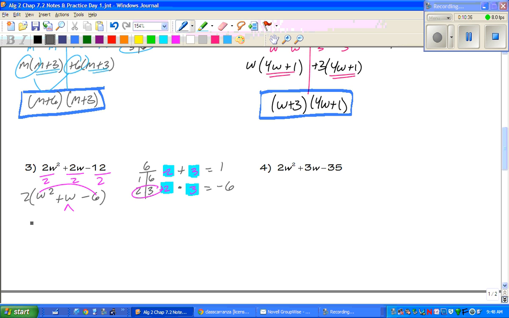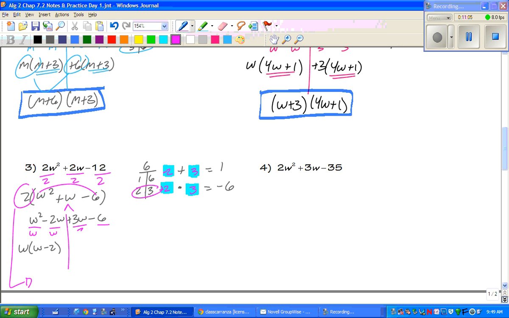So when we split the middle term, we get w squared minus 2w plus 3w minus 6. I don't want to forget about that 2, so I'm going to draw an arrow and bring it down to the bottom. Okay, the GCF of the front is a w, so we're left with w and then w minus 2.